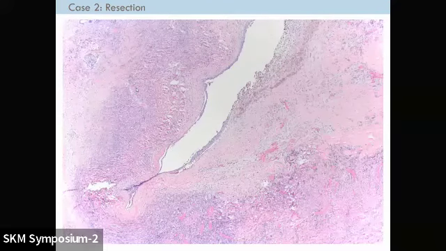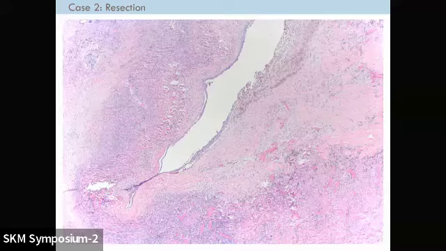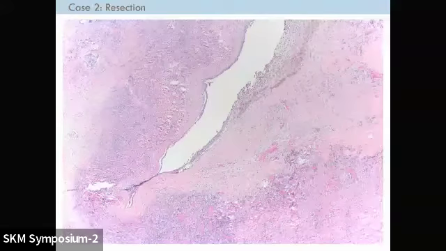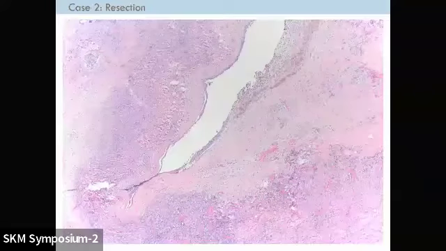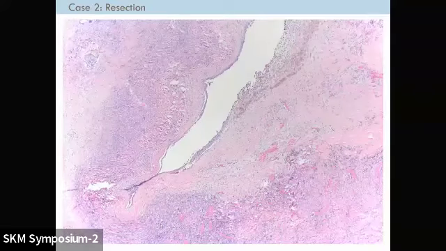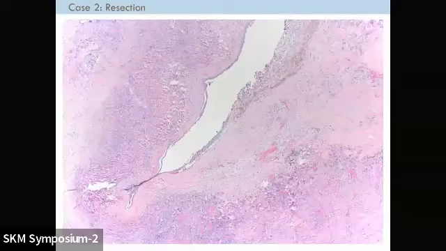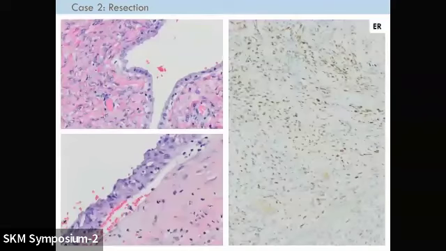However, the most important clue in the diagnosis is over here, which is the stroma that is characteristically showing that bluish discoloration and is quite characteristic of this entity.